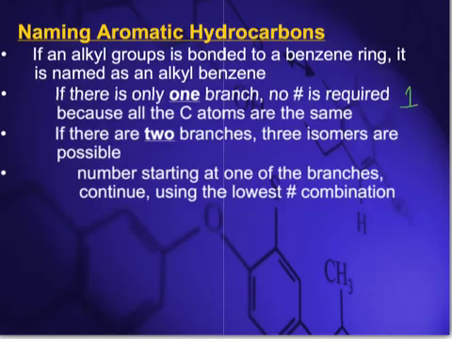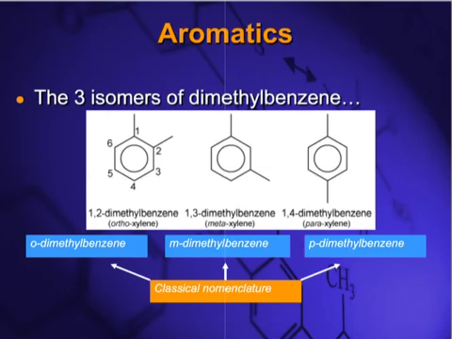And just as before, we're going to number the carbon atoms using the lowest numbers possible. Here we have an example of an aromatic molecule. It's a benzene ring with 2 methyl groups attached. If we label the first position as position 1, there's actually 2 additional places where the other methyl group can be attached to and cause different isomers.